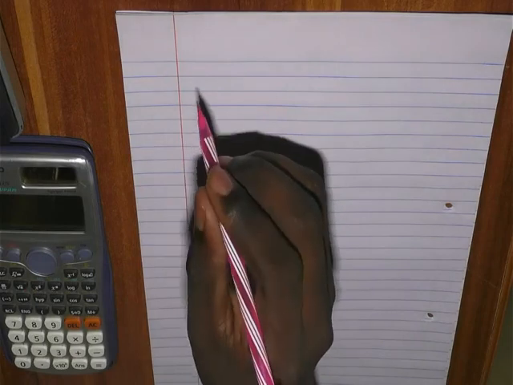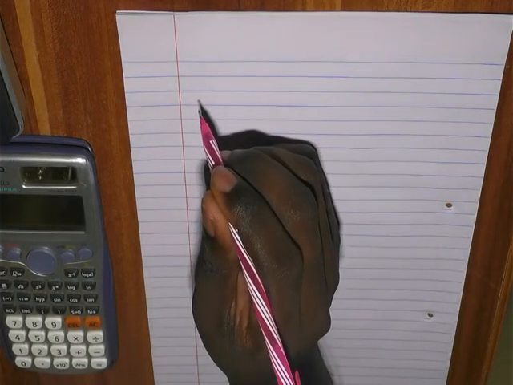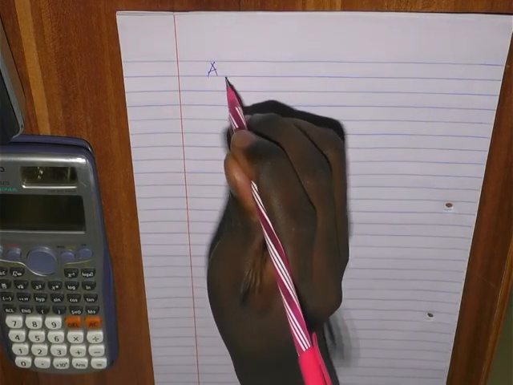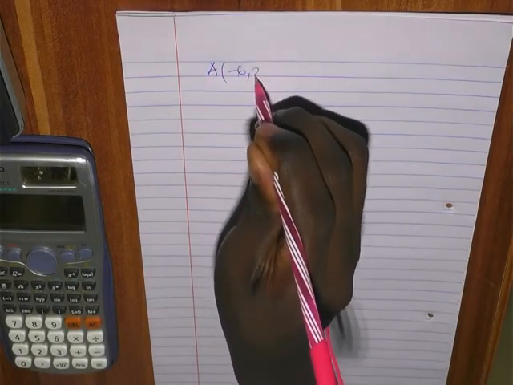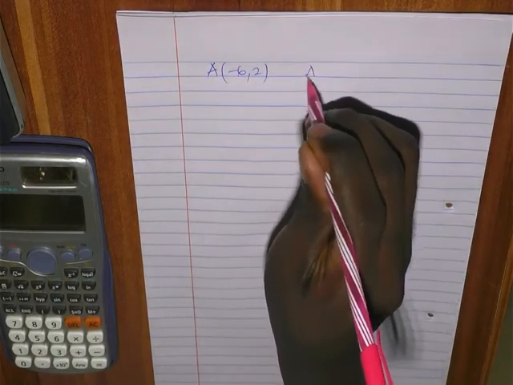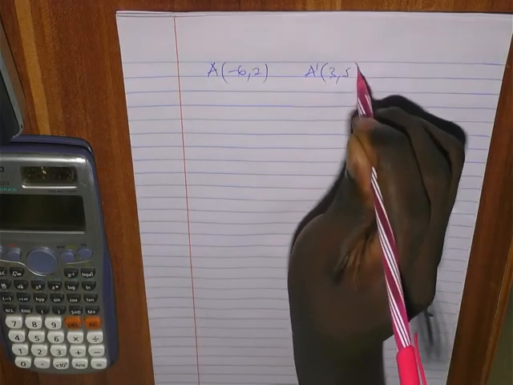The question is: a translation T maps A, at point (-6, 2), onto A prime, at point (3, 5).